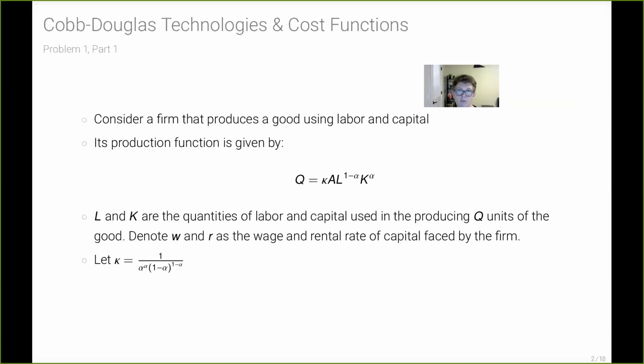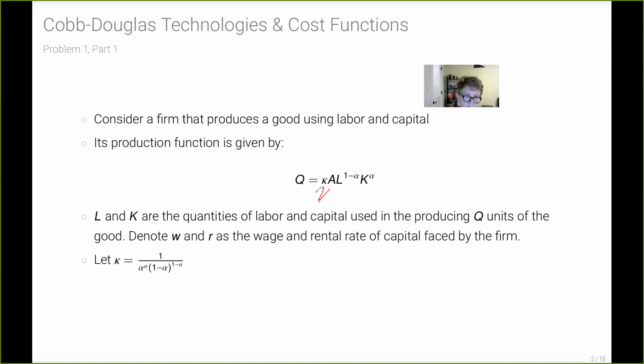So what I first want to do is consider a firm that's going to produce a good using labor and capital. Its production function is going to be fairly standard. It's going to be the standard Cobb Douglas form that we've seen many times before. In this case, there's a couple new things. There's going to be this term that we're going to call kappa.